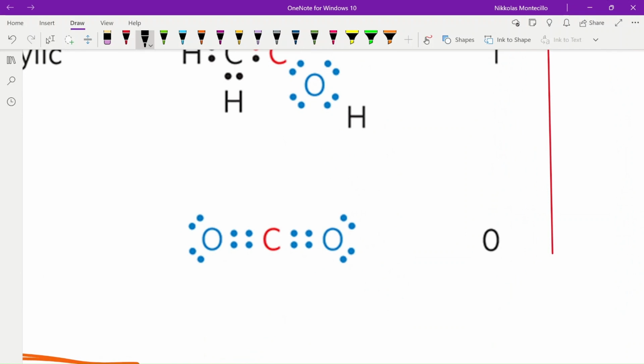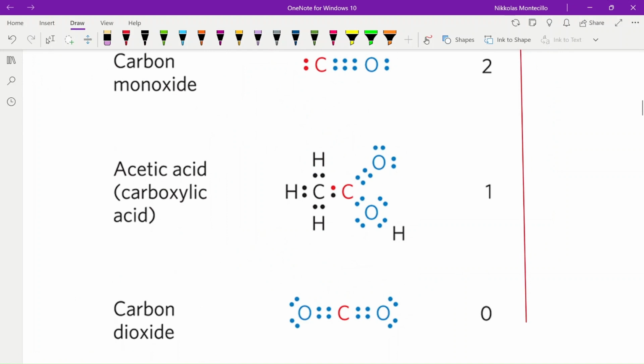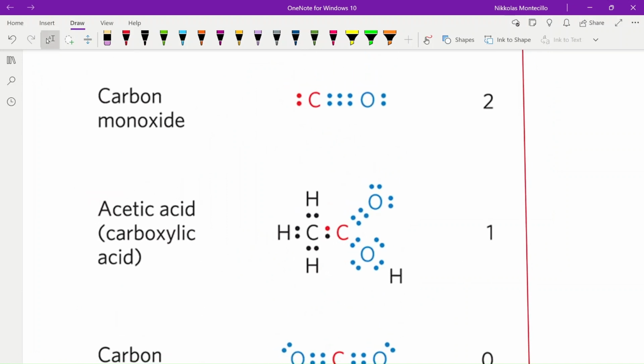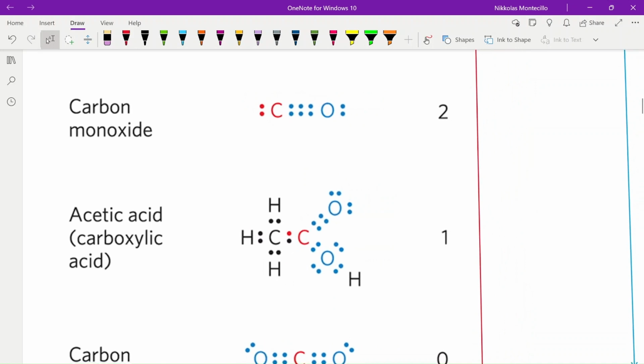And we see that the carbon atom actually owns zero of the electrons. We're just looking at the ownership of electrons for the carbon atom in particular as a central atom. In another example, there's a CC single bond, so these electrons are shared equally, and this carbon atom owns one electron.